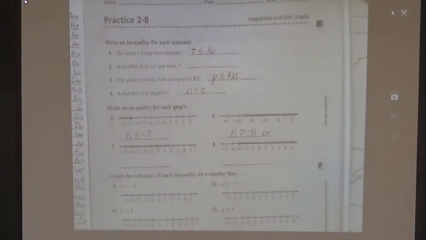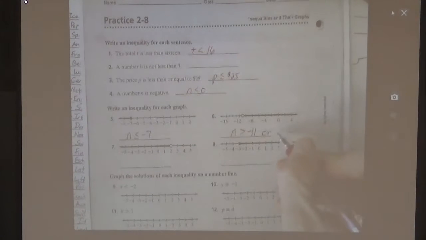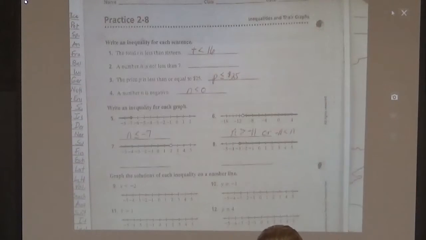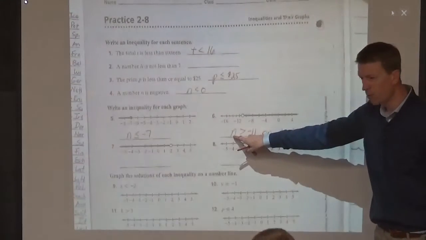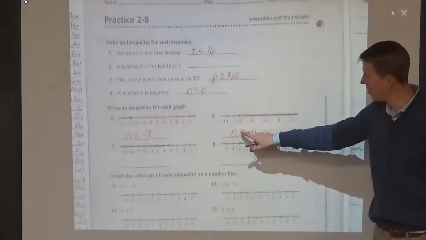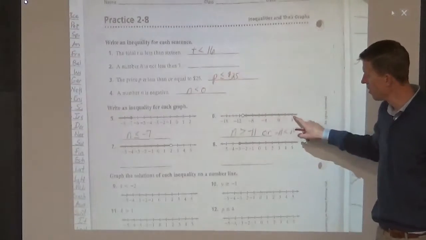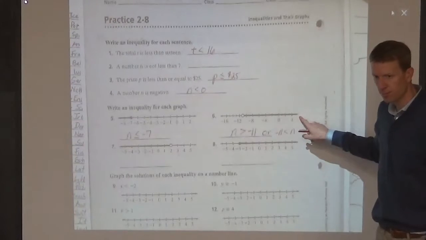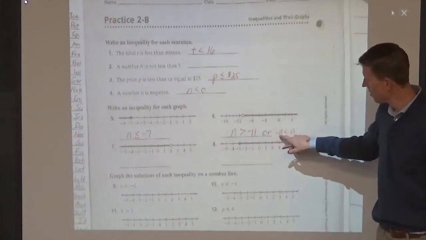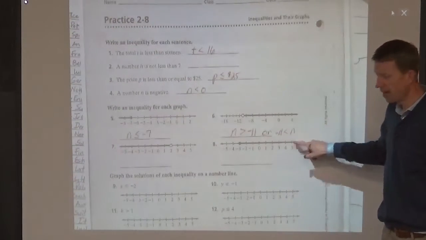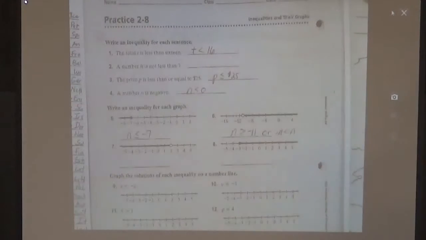Bella? Yes, negative 11 is less than n. Okay? Usually, it's easiest to graph it when the variable is first, because then it tells you what direction to shade. But this is another way of writing it. Negative 11 is less than n.